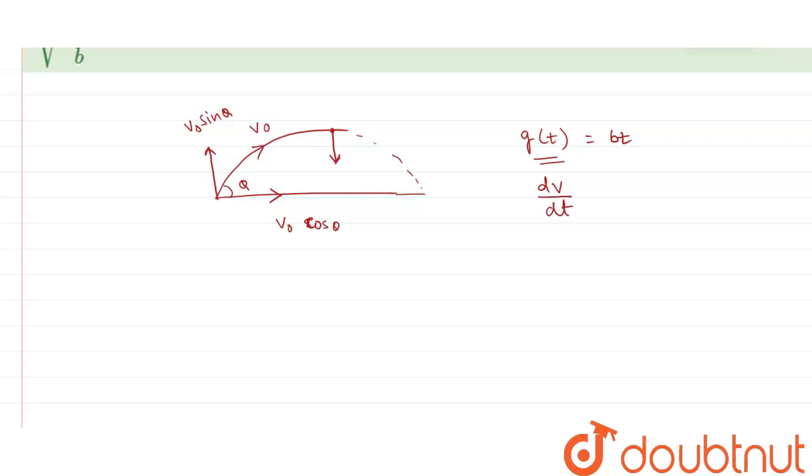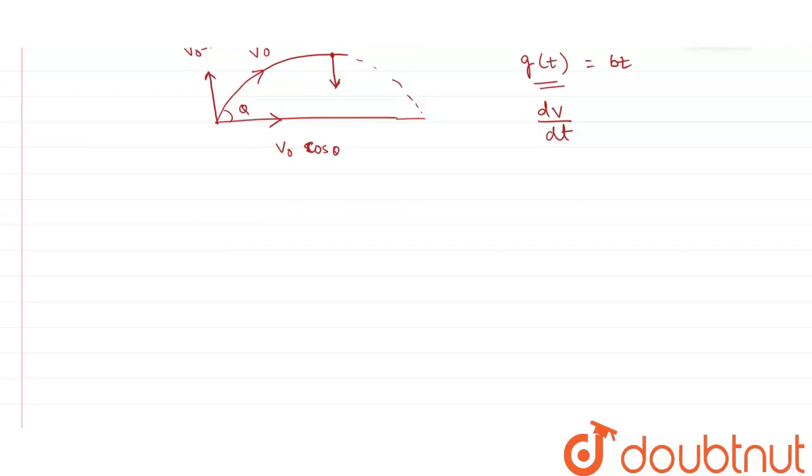Now if I want to write the speed of the particle in the y direction at any time t, I can write vy.